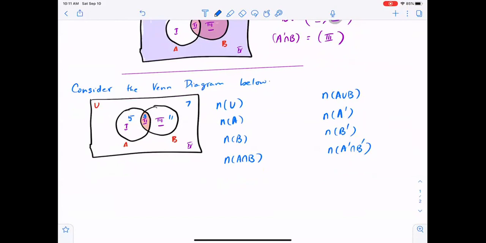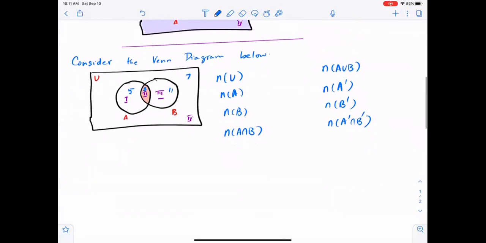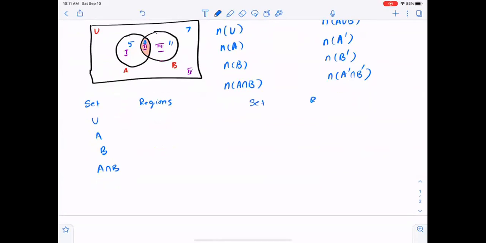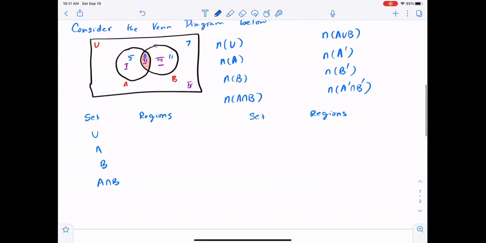Okay, first, let's find the regions corresponding to U, A, B, A intersect B, A union B, A complement, B complement, and A complement intersect B complement.